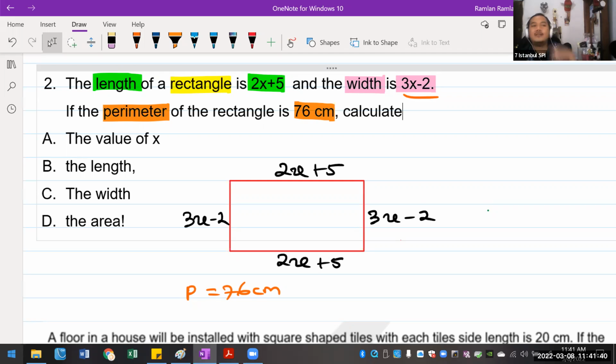That's why we need exercises. We need drilling, so that we can improve our skills, especially in solving algebraic equations. That's one of the most important things. Okay, we still have 3 minutes.